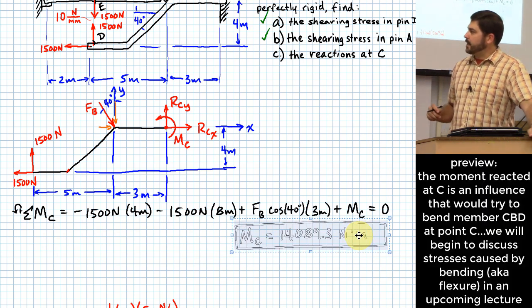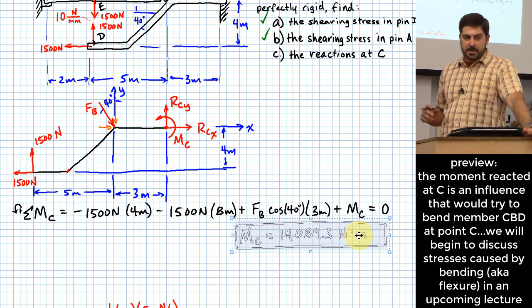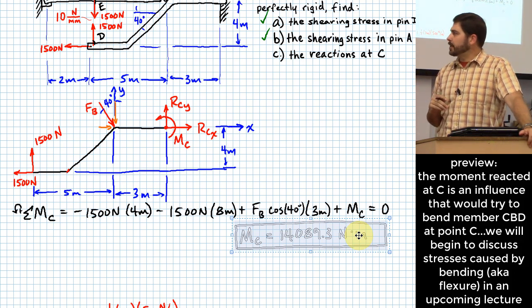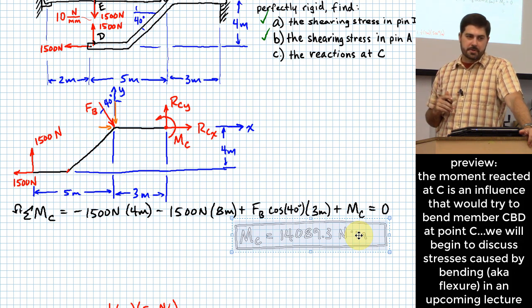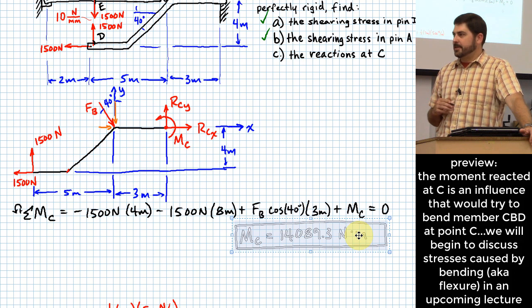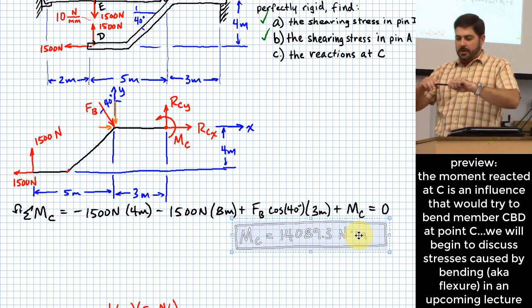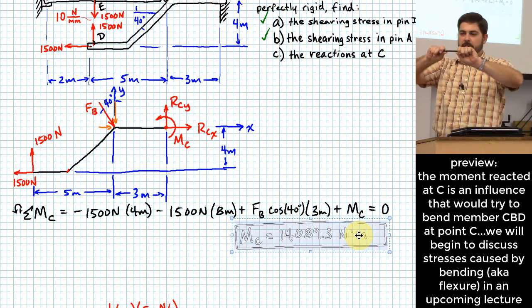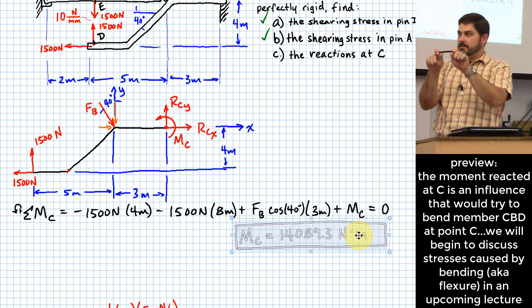And I know this is maybe a little bit early, but I'm going to go ahead and mention that in the next phase of this class we're going to start talking about something called flexural stresses. Okay? And just like it might sound, flexural stresses occur when instead of taking a member and trying to elongate it or make it go shorter, you take a member and you try to bend it, right?